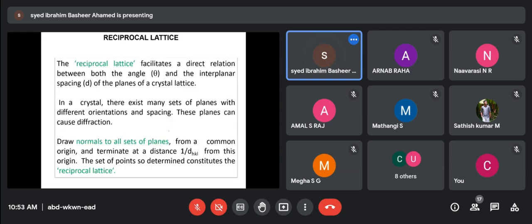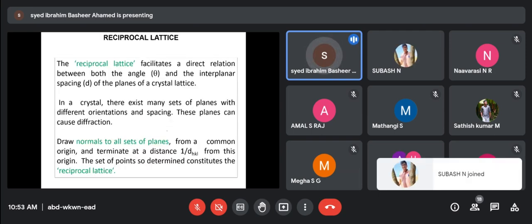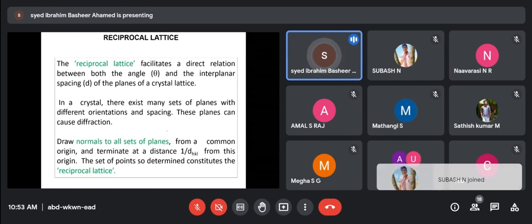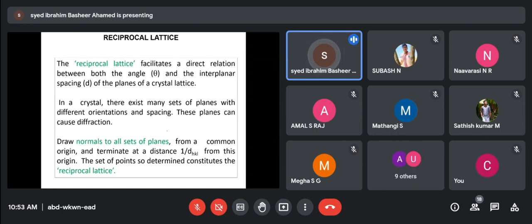Okay. Now we have some basic idea about the lattice, and now we are going into the reciprocal lattice. As I told you, theta and D, the interplanar spacing, have an inverse, reciprocal relationship.